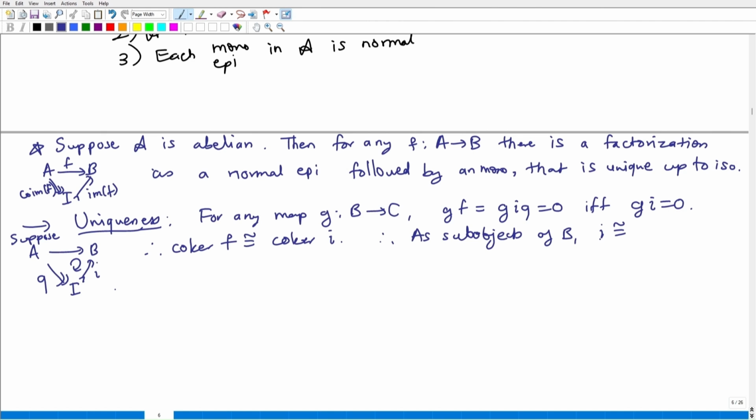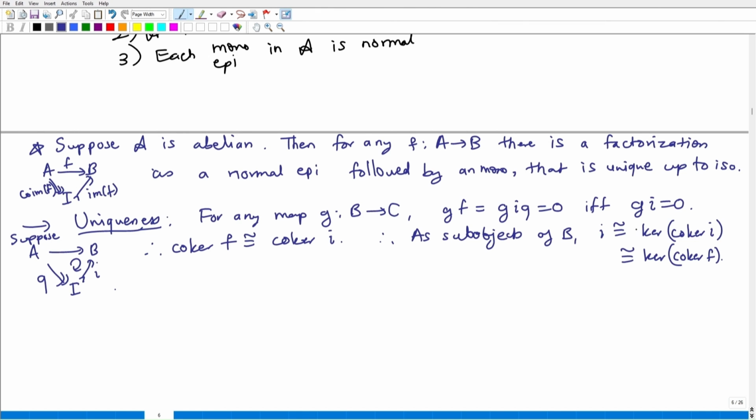So as subobjects of B, I is isomorphic to the kernel of the co-kernel of I, which is isomorphic to the kernel of the co-kernel of F. Because co-kernel of F and co-kernel of I are isomorphic, I get the second isomorphism.